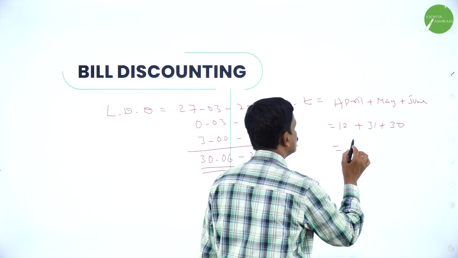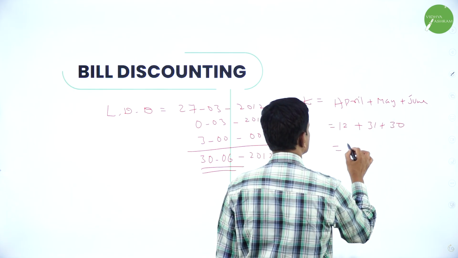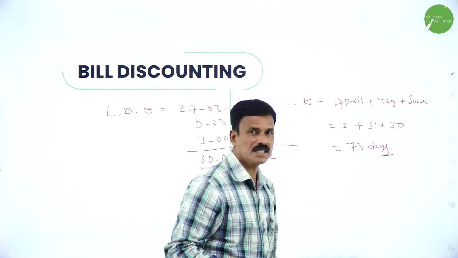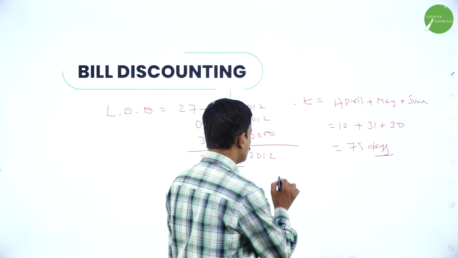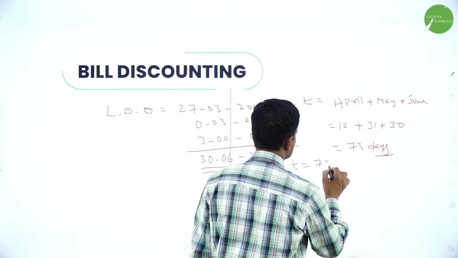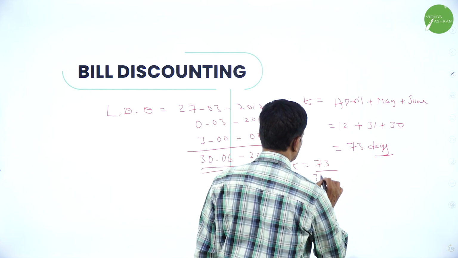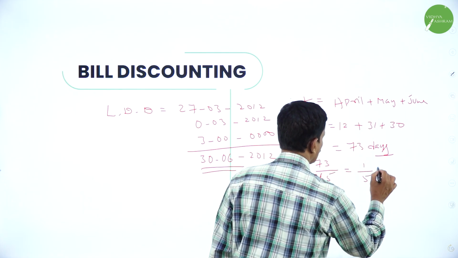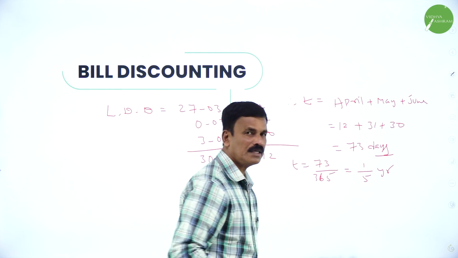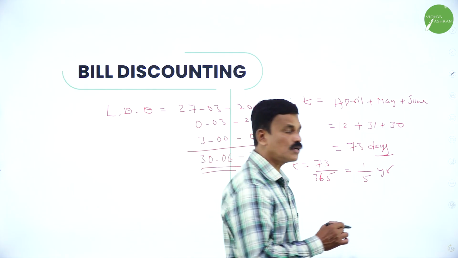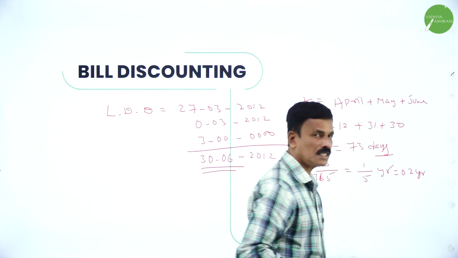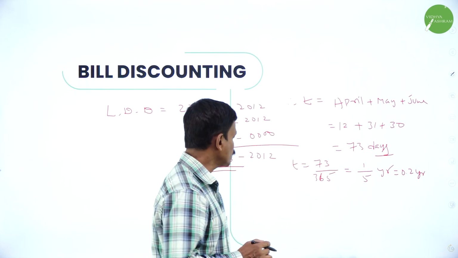So totally 73 days. T is equal to 73 days. Now therefore T is equal to 73 divided by 365, which is 1/5 year. That's also equal to 0.2 years.